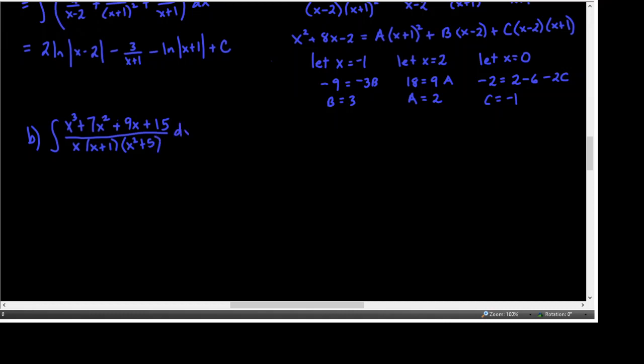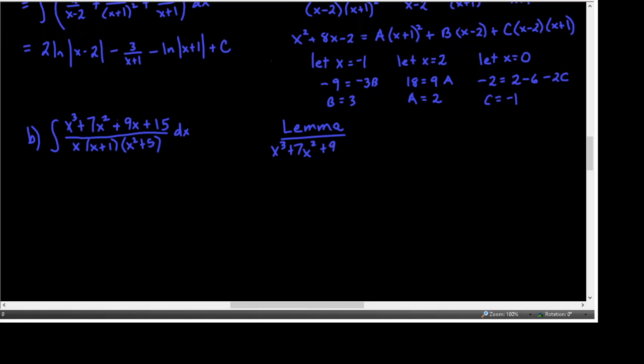dx. All right, so here's our lemma. So that being in factored form, I'm ready to go ahead and get started.